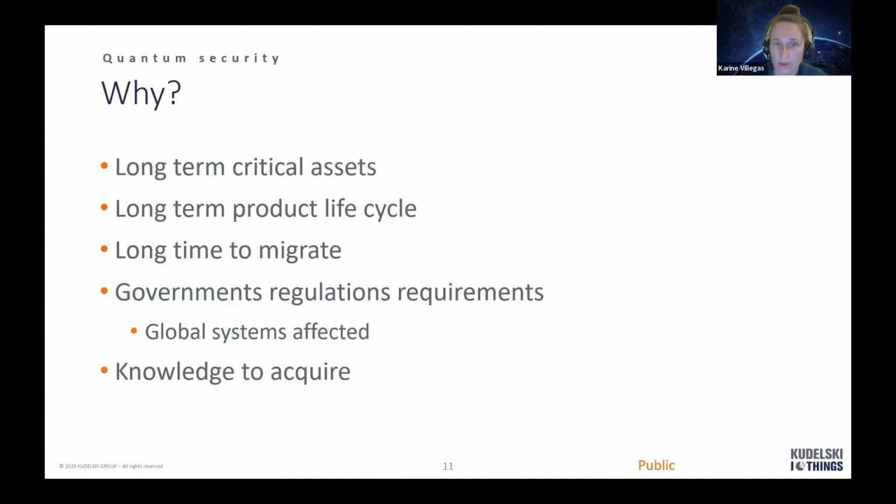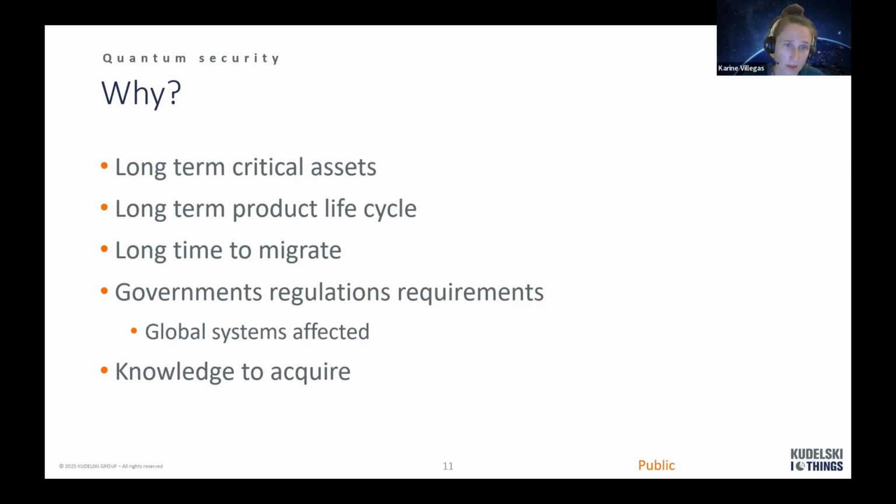And so why is there this urgency, why are states pushing, and why has so much work been done on new algorithm definition? It's because there exist long-term critical assets in the government area, but also in the medical area and the military area.